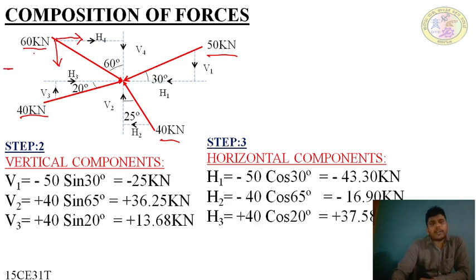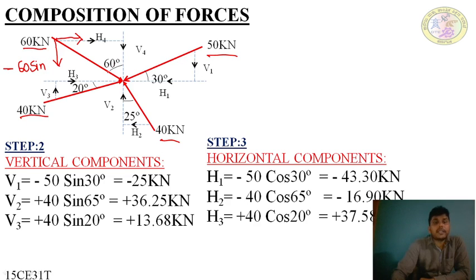The formula for the vertical component is F sin theta. F is the force, 60 kilonewton. We have to take theta with respect to the x-axis. Here it is given as 60 degrees with respect to the y-axis.